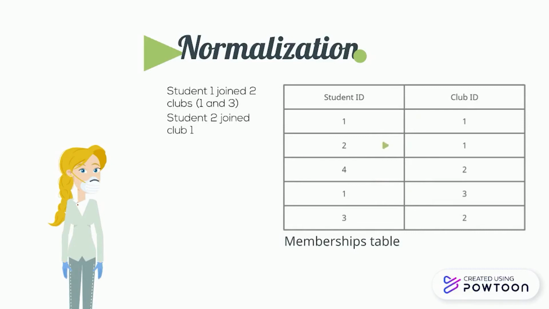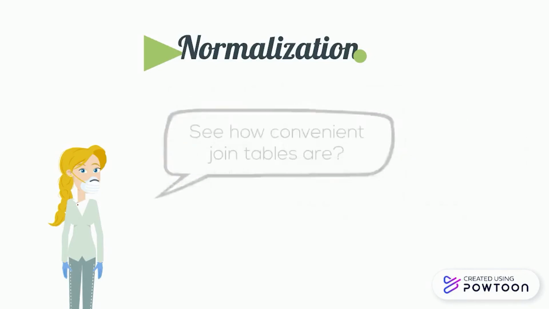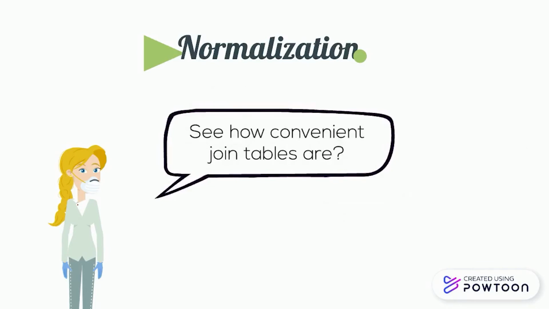Student 2 joined club 1. Student 3 joined club 2. Student 4 joined club 2 as well. See how convenient join tables are?